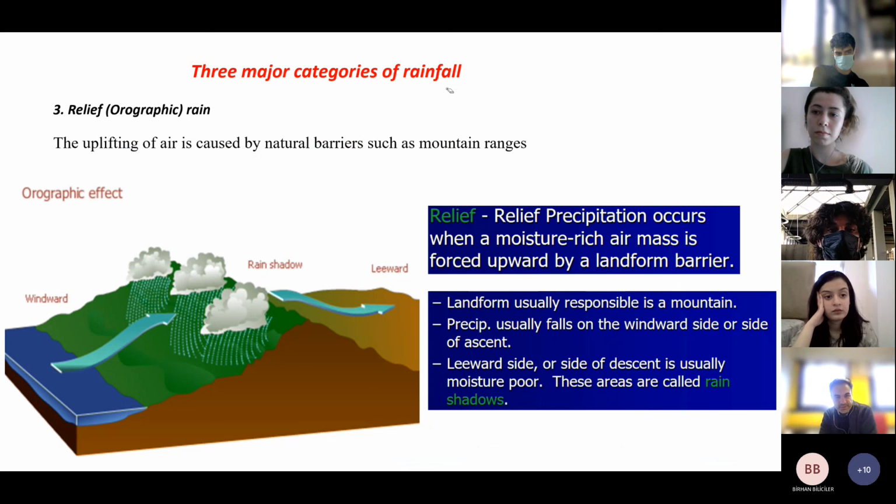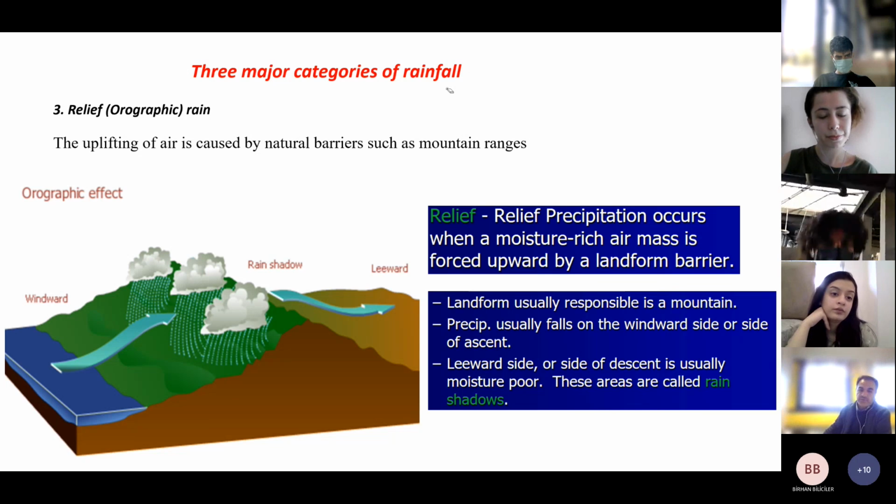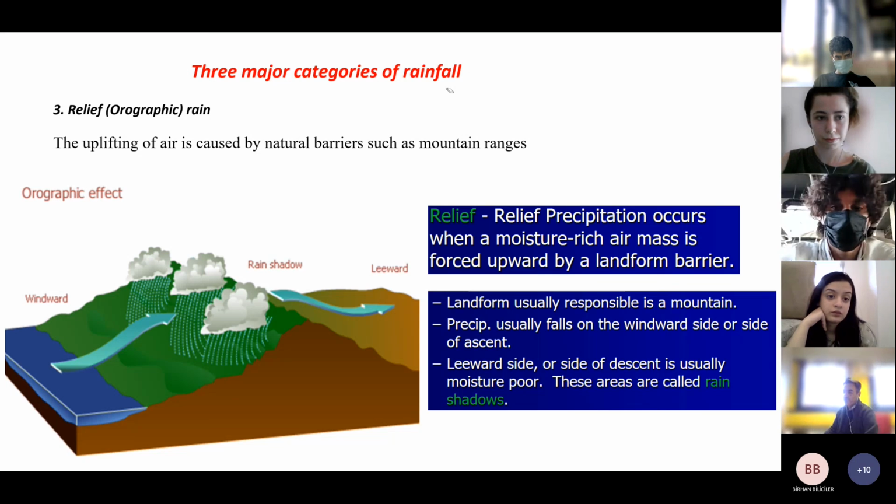And the third and last category of rainfall is called relief or orographic precipitation, orographic rain, which is a result of landscape.